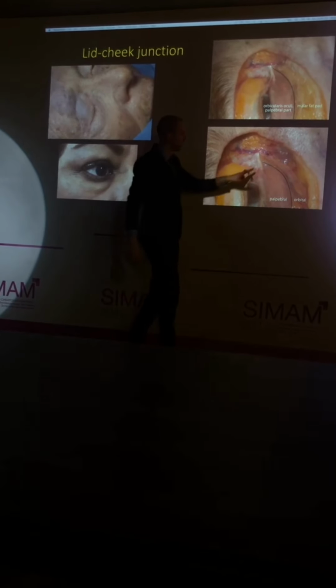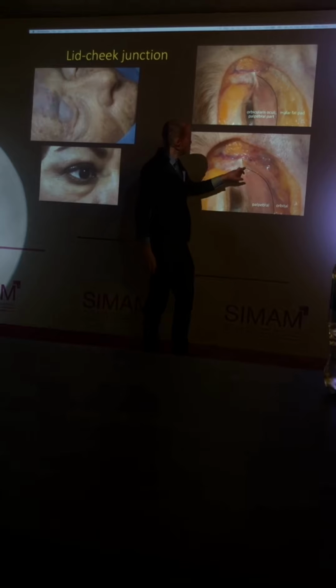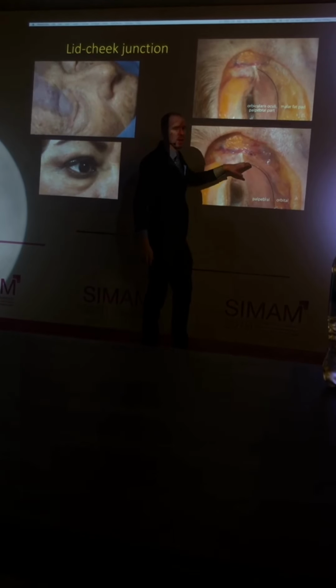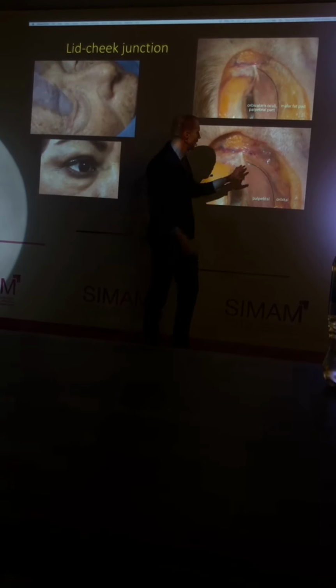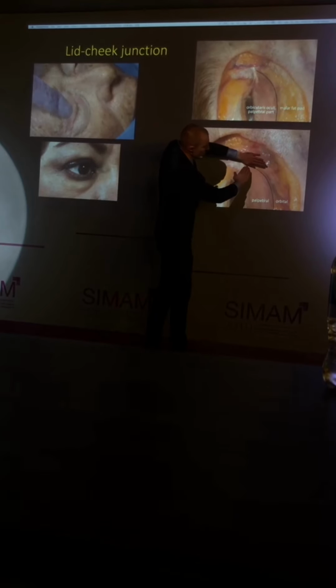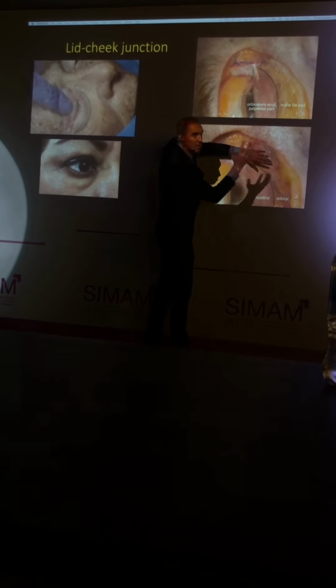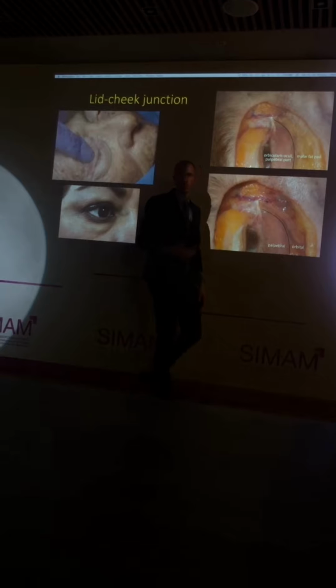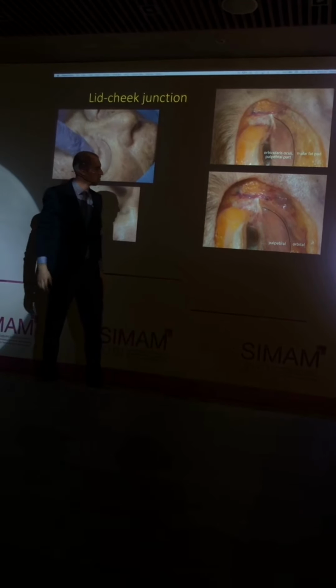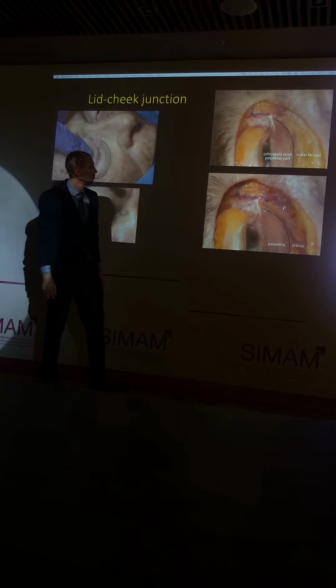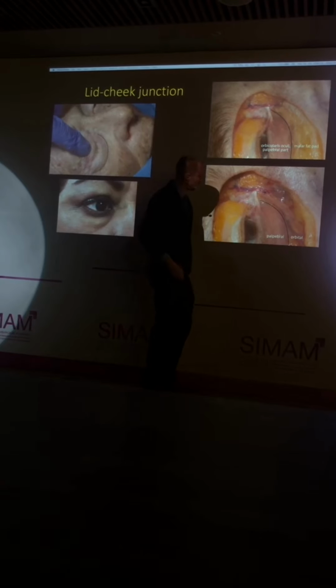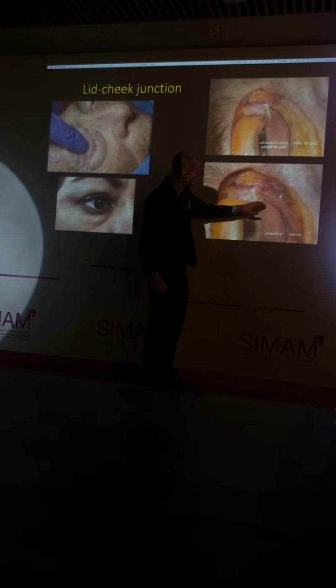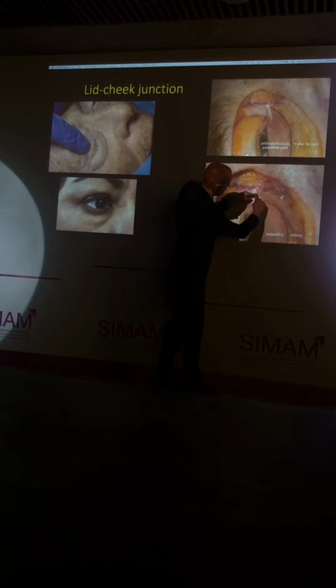The palpebral fibers go down and attach to the bone edge. Between these fibers, exactly here, a natural V-shaped groove appears because of the origin pattern, the divergent attachment of the fibers. The bone is here.